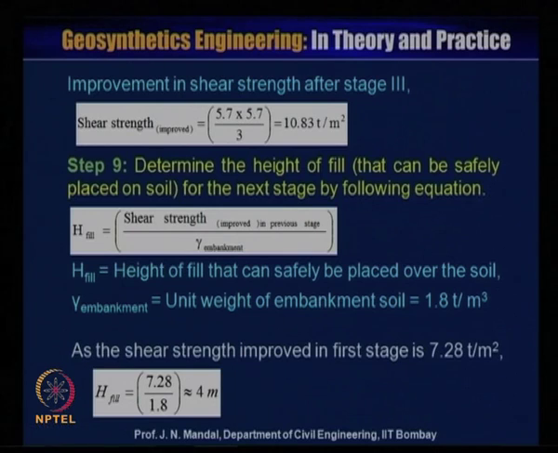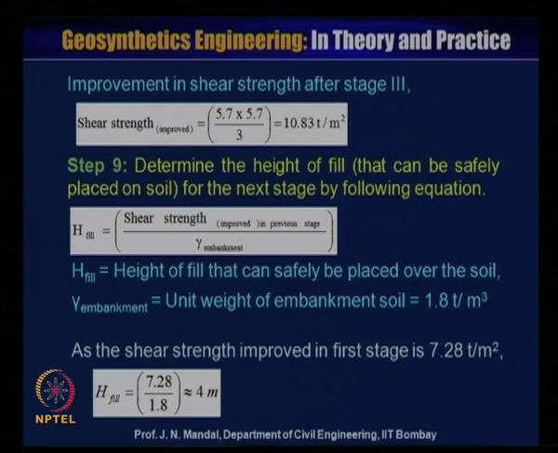H fill is equal to shear strength improved in previous stage divided by gamma of embankment, where H fill is the height of fill that can safely be placed over the soil, and gamma embankment is the unit weight of embankment soil, 1.8 ton per meter cube.